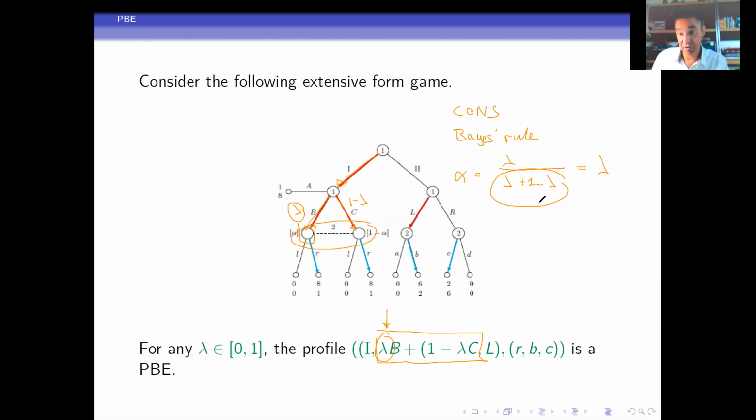The only exception is when this would be exactly 0. And in that case, you cannot apply Bayesian updating. And that means that in that case, you can choose any alpha as long as sequential rationality is respected. We'll do that in the next recording.